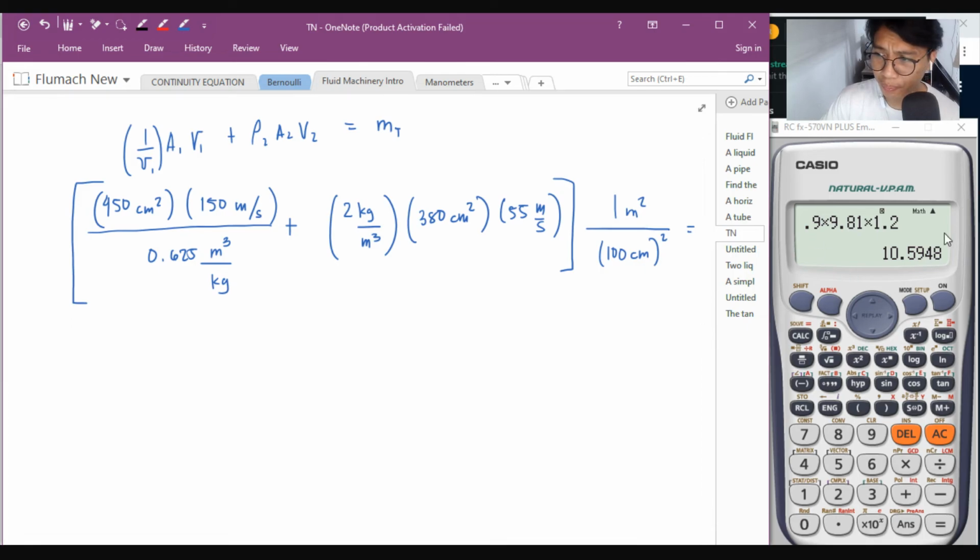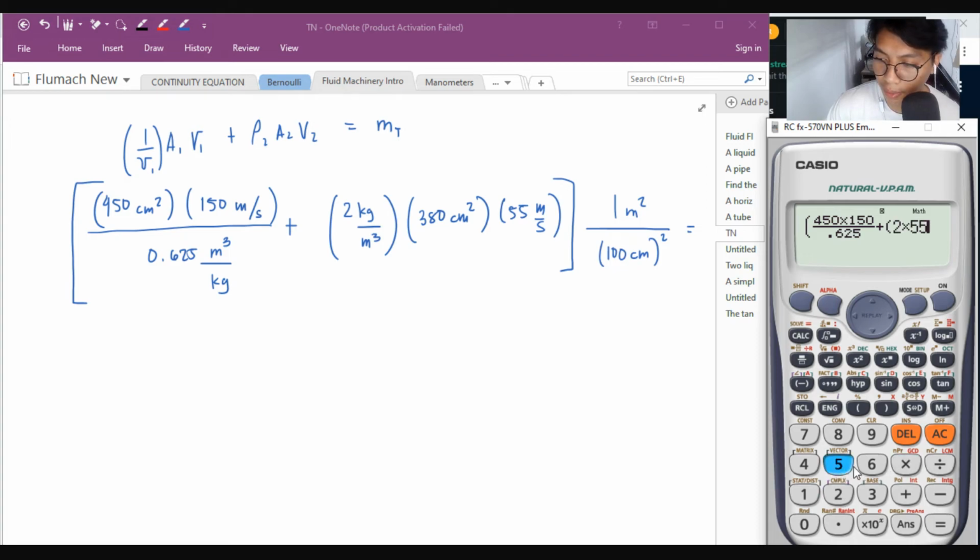So, pwede mo naman i-multiply yan. Buo na lang. So, 450 times 150 divide by 0.625 plus 2 times 55 times 380.